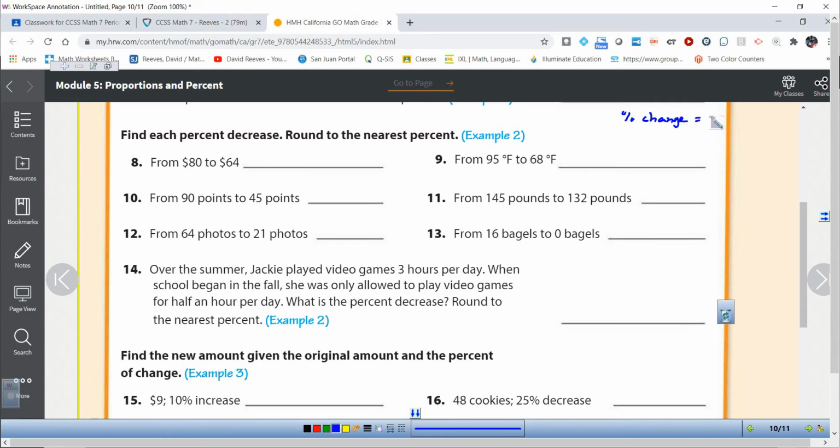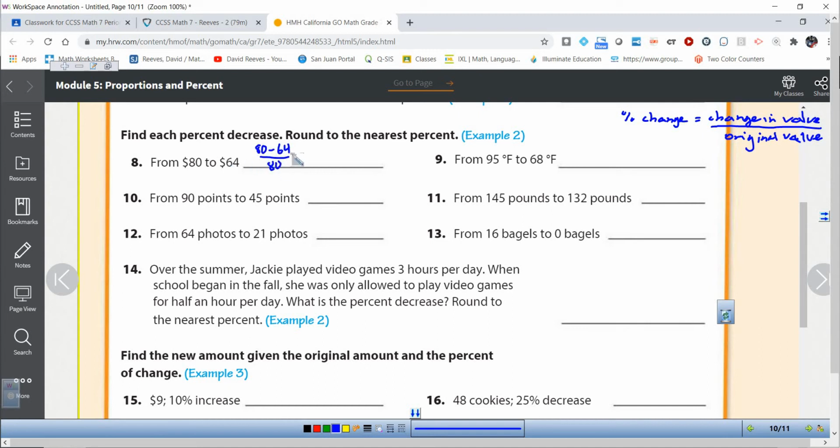Percent change is equal to the change in value over the original value. So I need to do 80 minus 64 over 80.